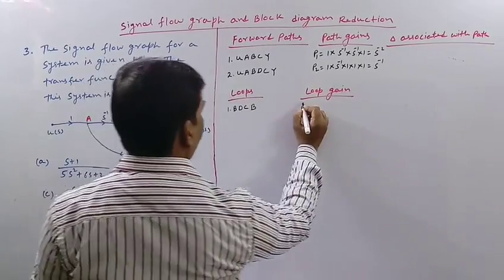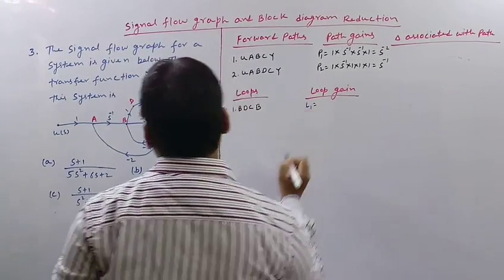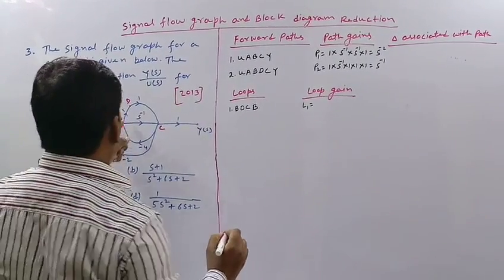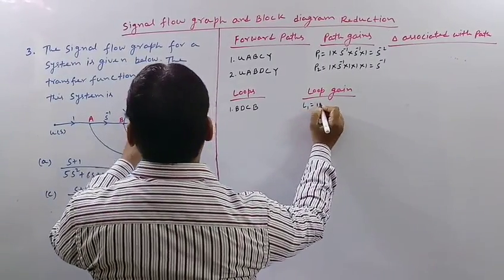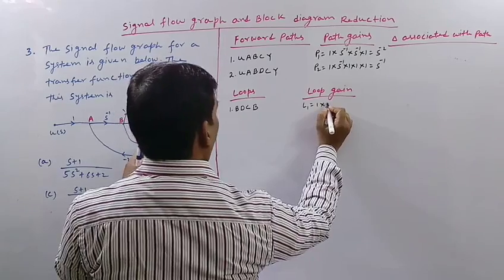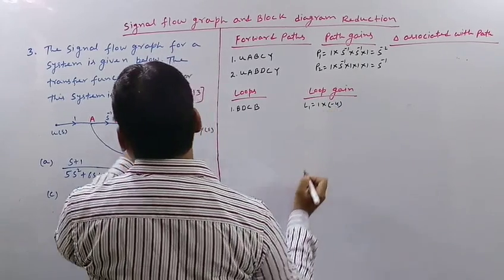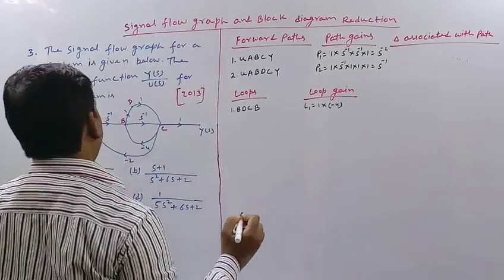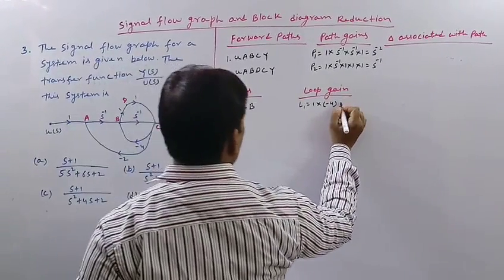The first loop is B, D, C, B. Let us write its loop gain as L1. L1 will be 1 multiplied by s to the power 1 multiplied by minus 4, so it will be minus 4.